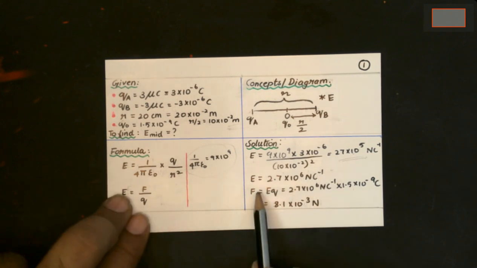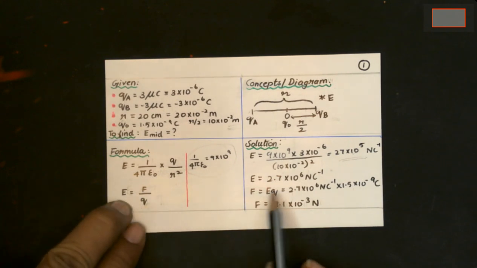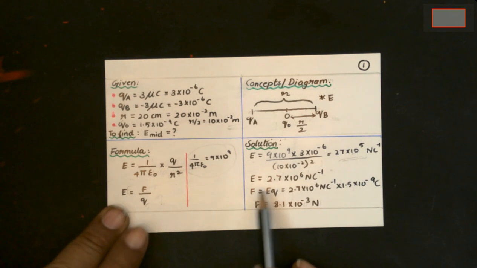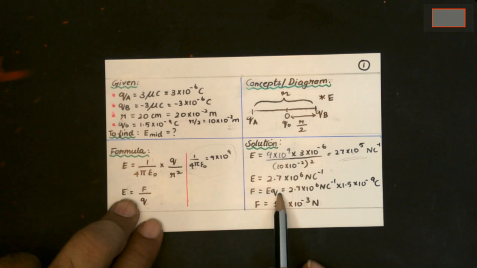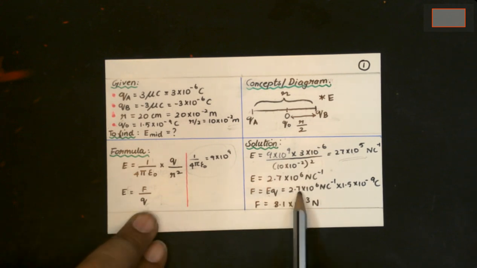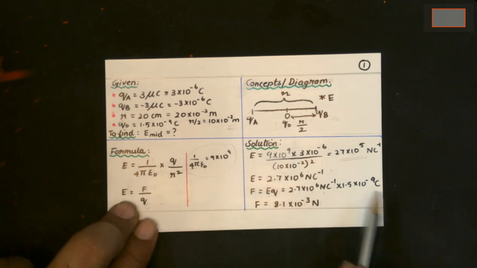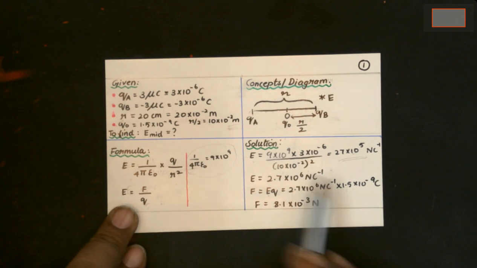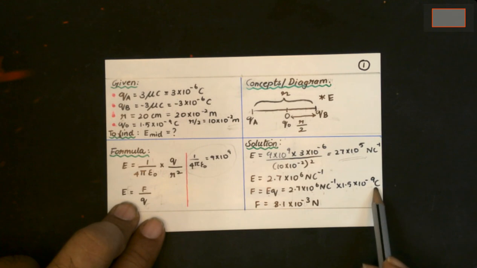We know the formula, that is E is equal to F by Q. So from this we can find out F. Therefore F is equal to EQ. Are you able to follow? F is equal to EQ. So when F is equal to EQ, now the electric field is 2.7 into 10 power 6 Newton per coulomb, into 1.5, that is the Q naught, is it not? So Q naught is 1.5 into 10 power minus 9.